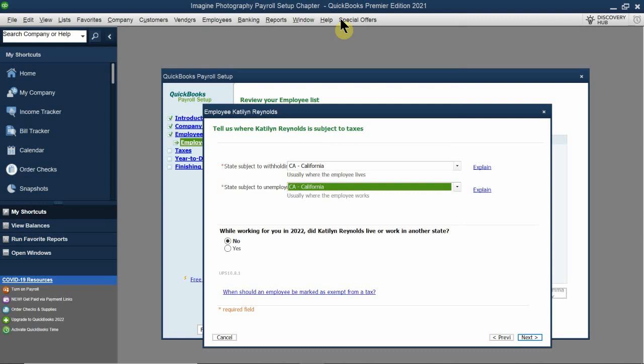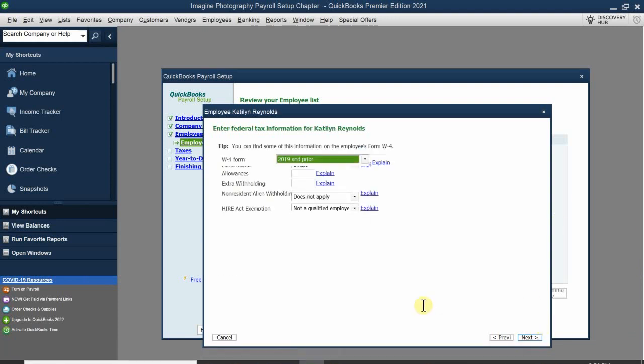Because if Katie is, let's say, working off-site and she works in another state, that means she's earning income from another state, right? The purpose of this is so that they can properly take out the tax at the correct state that they are residing in. So in this case, did she work somewhere else? No. Okay.